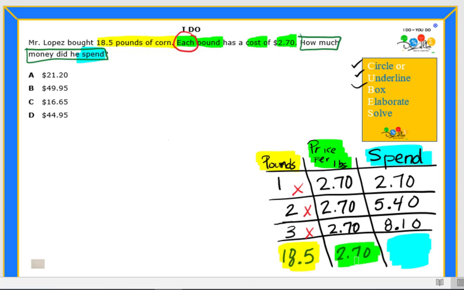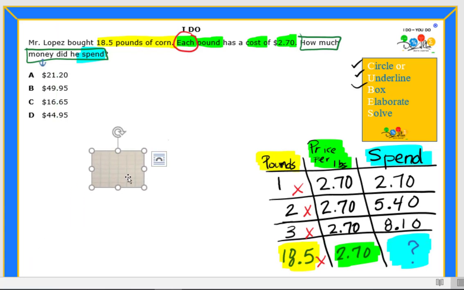The price per pound is $2.70, and our answer is what we get. Remember what we said we had to do? Yes, we are going to multiply. So we are going to multiply 18.5 times 2.70. Okay, so let's go ahead and work that out.